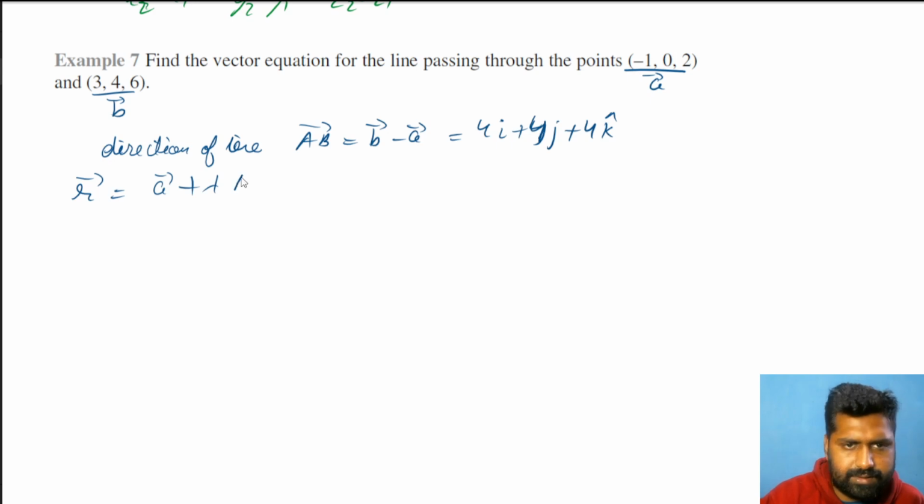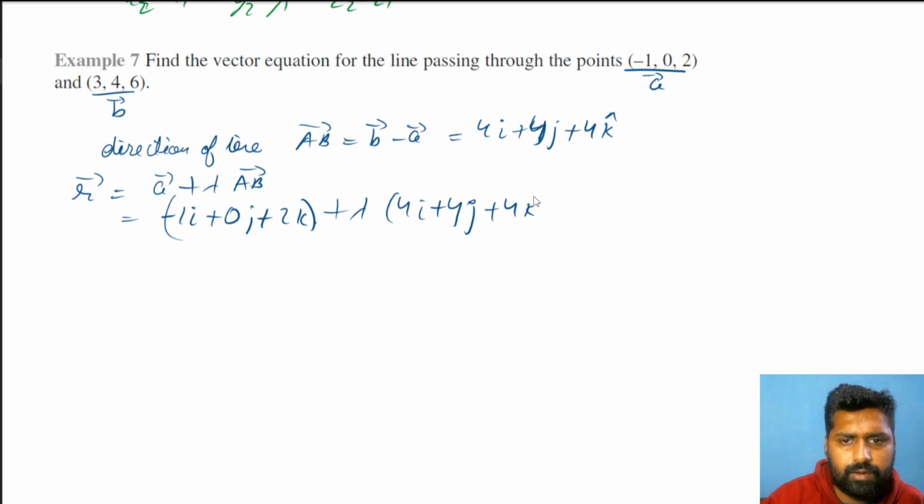I will learn it like this only. Okay, don't write B minus A vector, write direction. A vector is the passing point, AB is the direction, lambda times direction. So A vector is minus 1i plus 0j plus 2k, plus lambda times 4i plus 4j plus 4k.